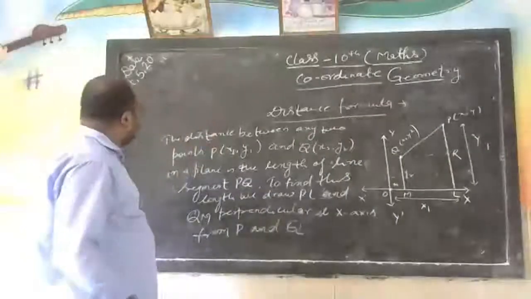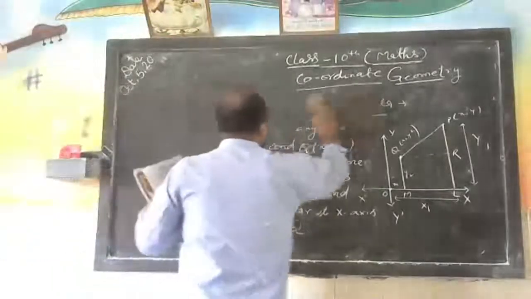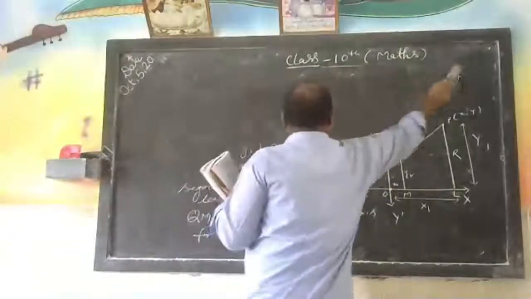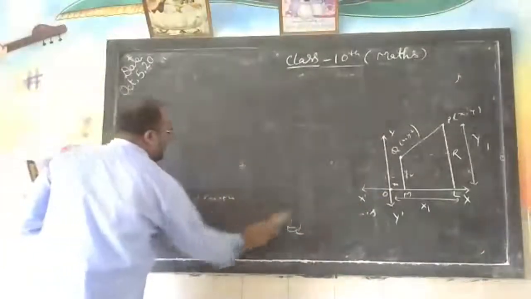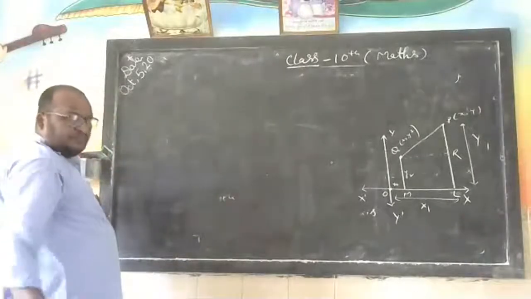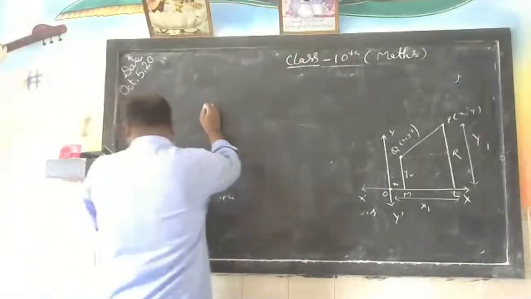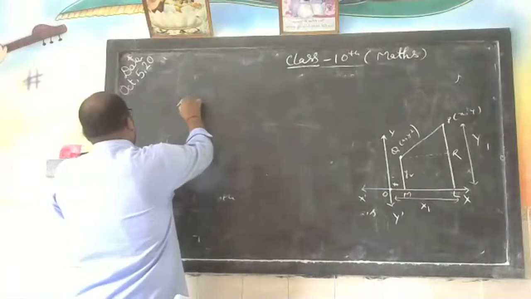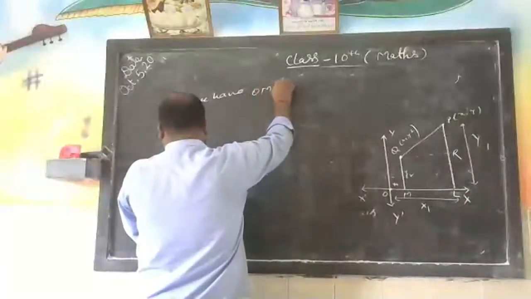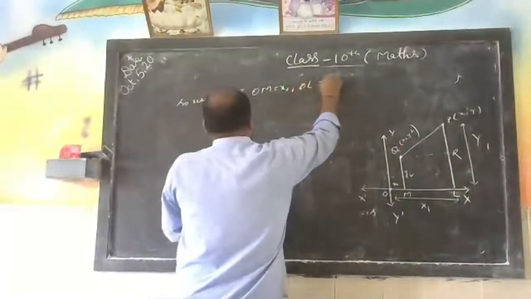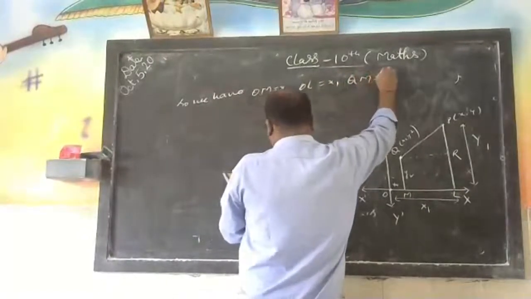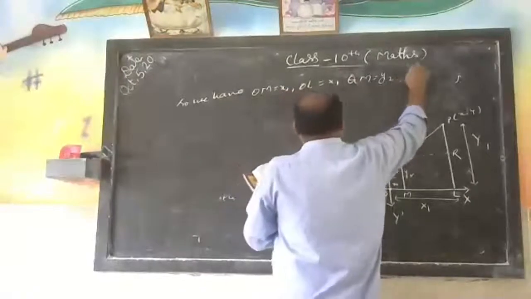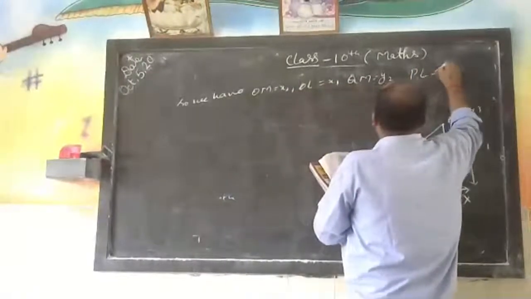So now let's see. We have OM equal to x2, ON equal to x1, QM equal to y2, and PL equal to y1.